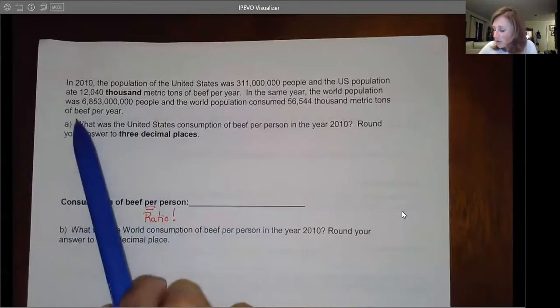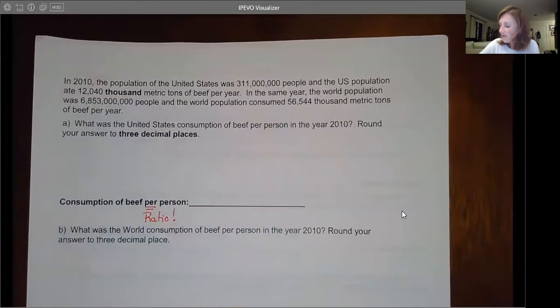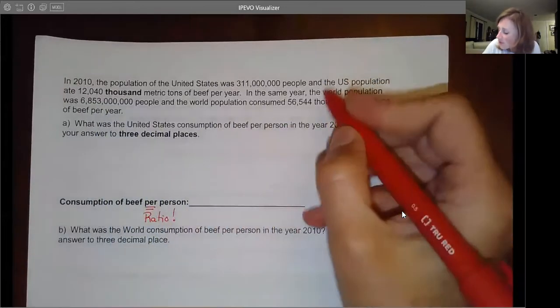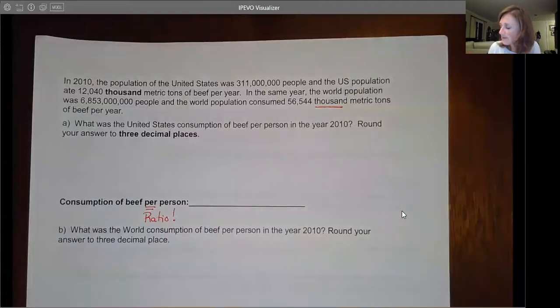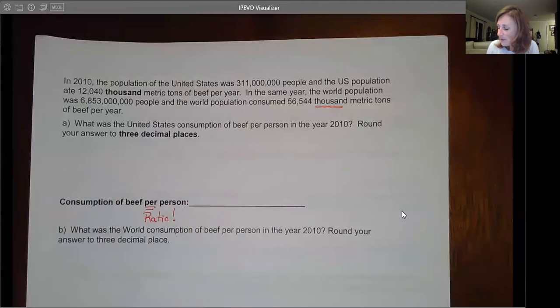So in the same year, the world population was this, and people consumed 56,544, there's that word thousand again, metric tons of beef per year. All right. So what was the United States consumption of beef per person?